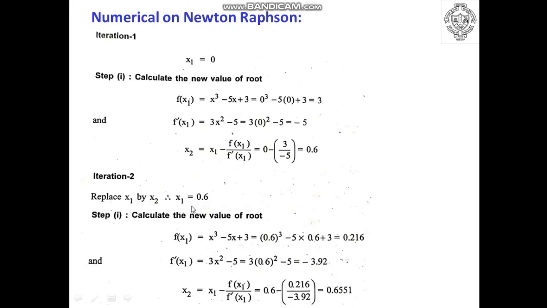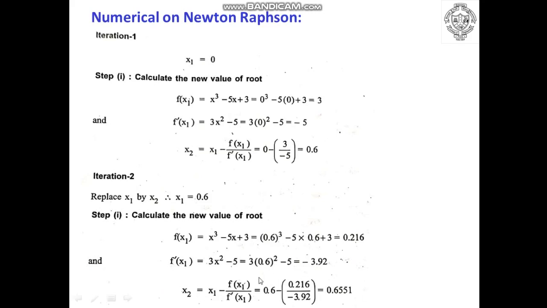So here value of x1 will be replaced by x2 directly. So I will write x1 is equal to 0.6. Again I will find out f of x1 by putting new value of x1 in the equation. So now I will put 0.6 cube minus 5 into 0.6 plus 3 is equal to 0.216, and value of f dash of x1 is 3 into 0.6 square minus 5, so answer is minus 3.92.